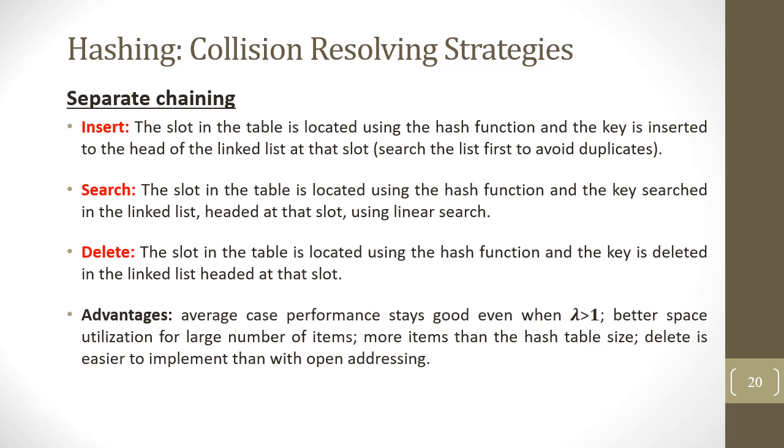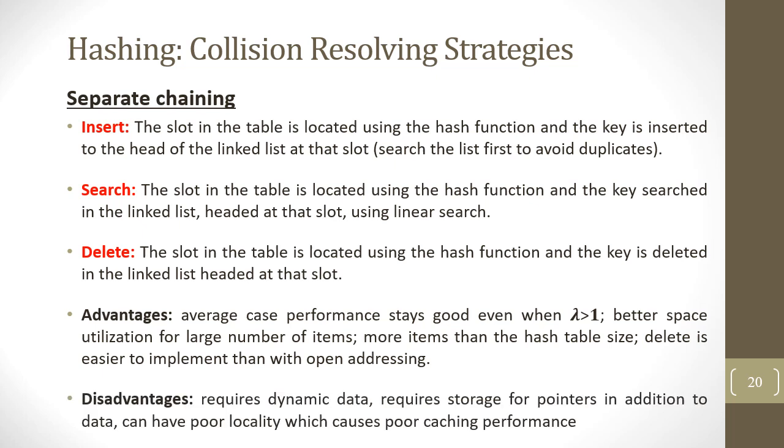We have a better space utilization for large number of items, and more items can be stored than the hash table size, and the delete is easier to implement than in open addressing. The disadvantages are that it requires dynamic data. It also requires storage for pointers in addition to data and can have poor locality, which causes poor caching performance.